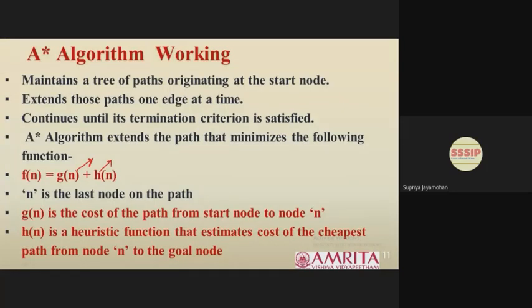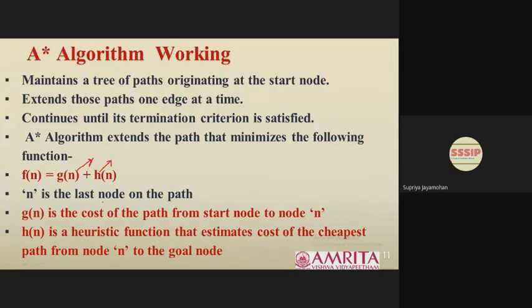So h of n is going to be a function which will give you a value, which is assigned based on how you want your path to be planned, and g of n is going to be the distance from the starting node to the next node, to the next node, so on and so forth.